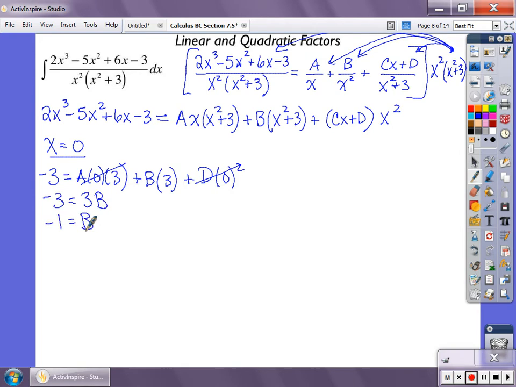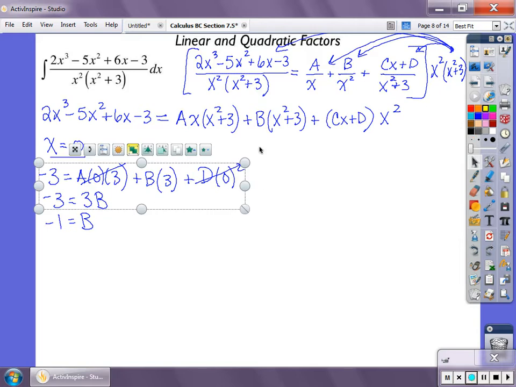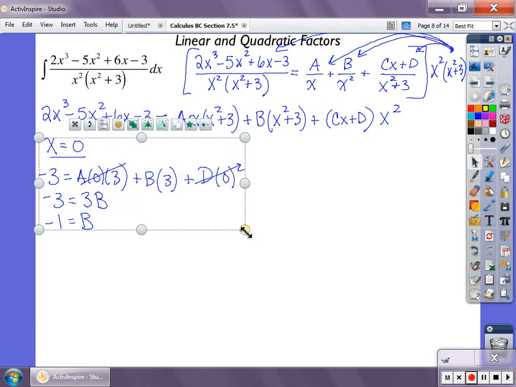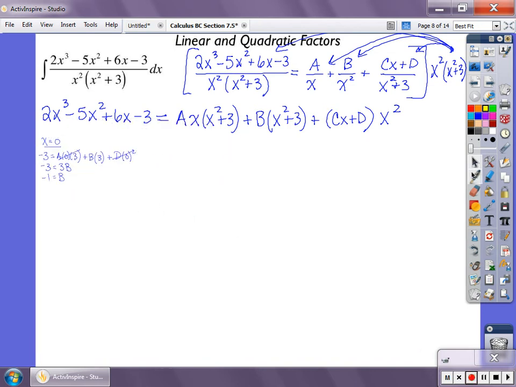Now we're in a bit of a pickle because we have no other convenient values for x. So what we're going to do is substitute our negative 1, and then do a little algebraic manipulation with the rest. We'll rewrite it as 2x cubed minus 5x squared plus 6x minus 3 is, I'm going to distribute my ax to the x squared plus 3.